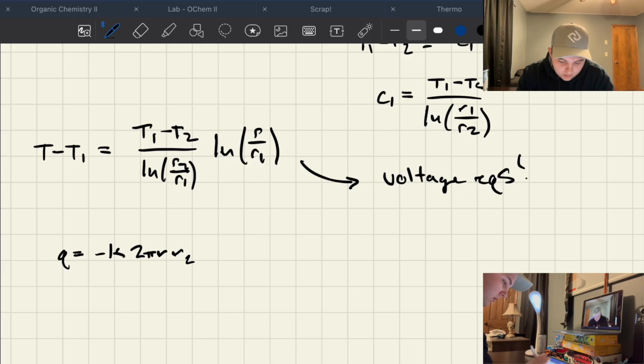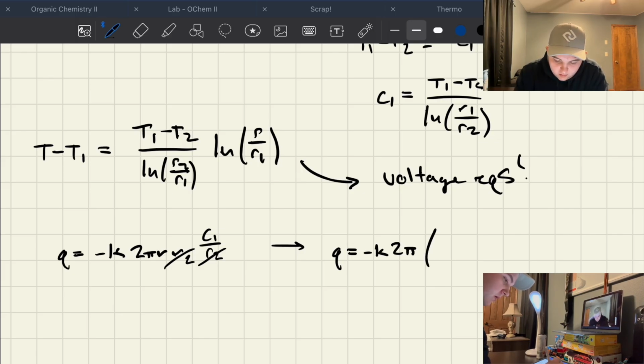Okay, cool. And then we've got to add our C1 back in. So Q will be equal to negative K 2 pi T1 minus T2 over the natural log of R2 over R1.